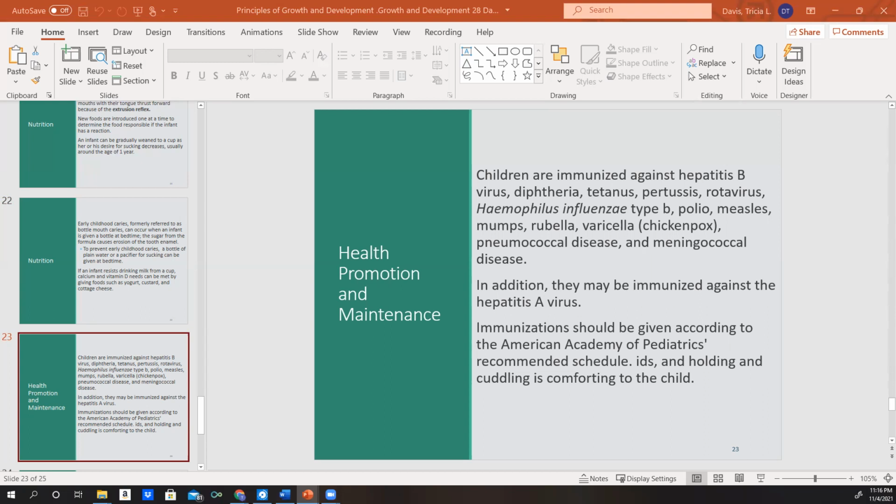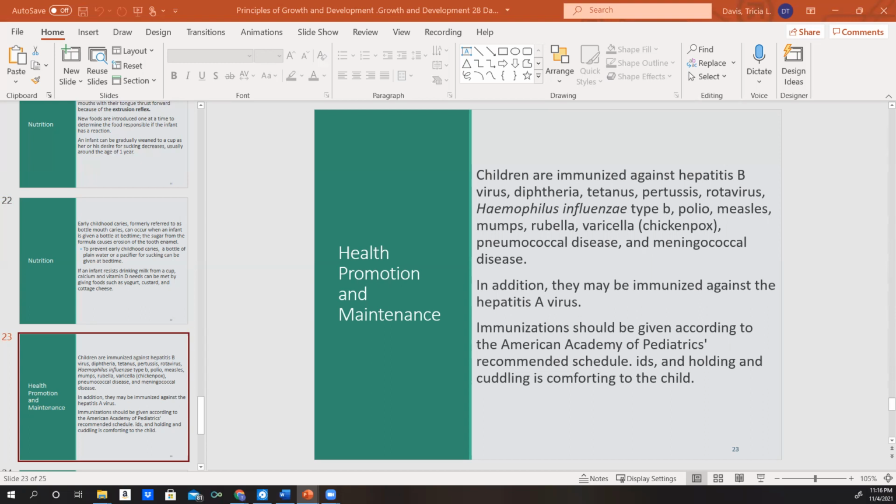They can also be immunized against the hepatitis A virus. These immunizations are usually given according to the American Academy of Pediatrics recommendation. Pediatricians should be following that schedule.